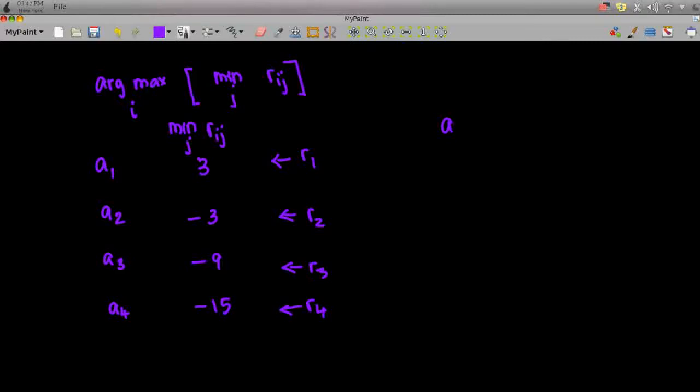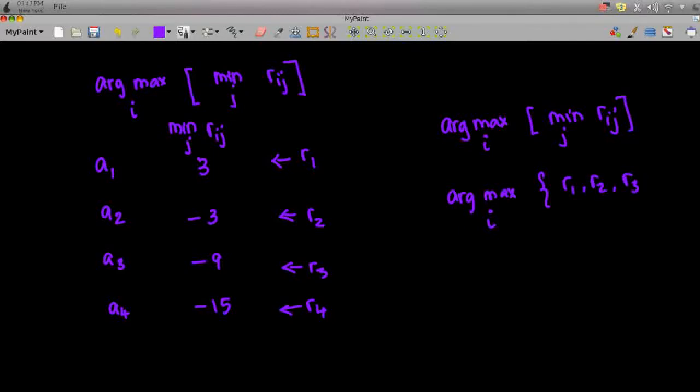The second part is to find the argmax over i of the minimum reward over j that we just found. In other words, we have to find the argument maximum of i over R1, R2, R3, R4. What is the maximum of all these rewards?